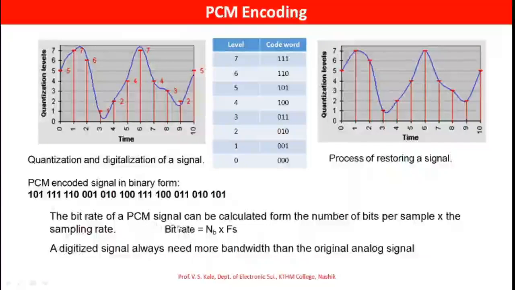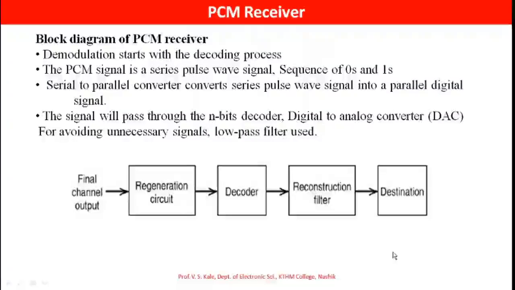The bit rate of a PCM signal can be calculated as the number of bits per sample times the sampling rate. Bit rate is always equal to the number of bits per sample times the sampling frequency. A digitized signal always needs more bandwidth than the original analog signal.